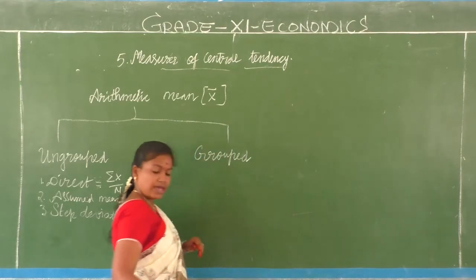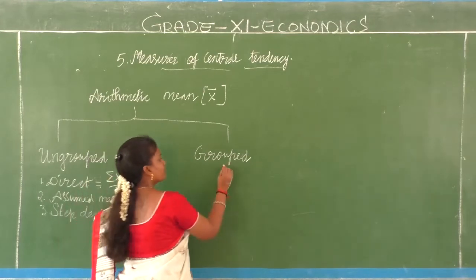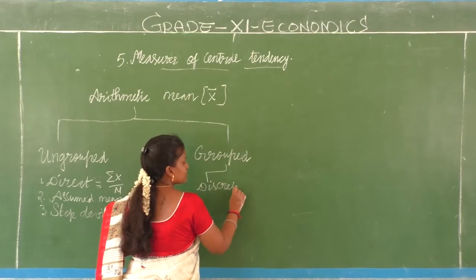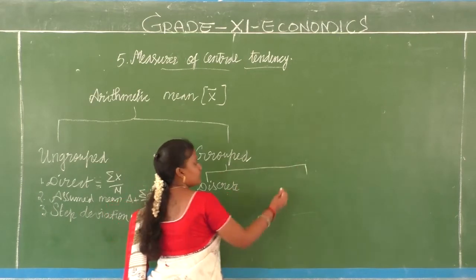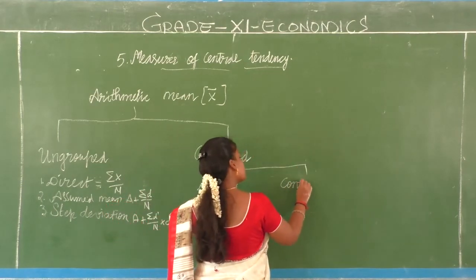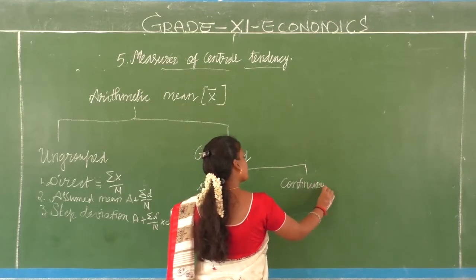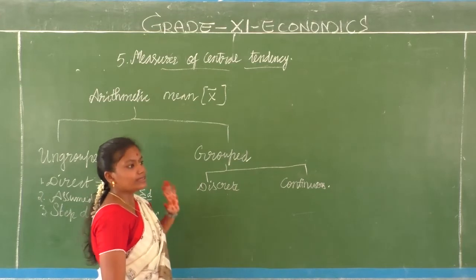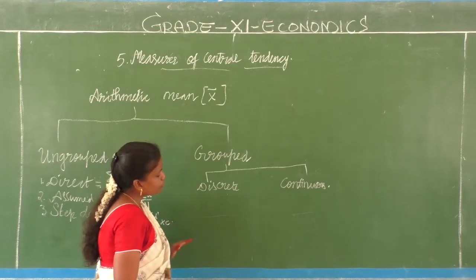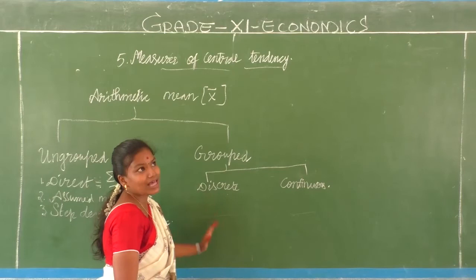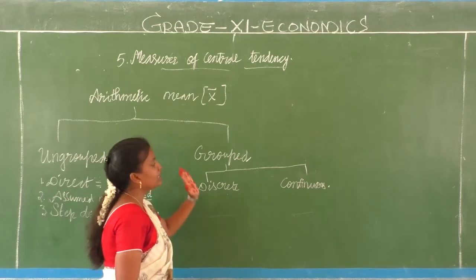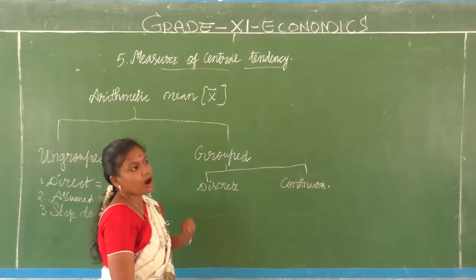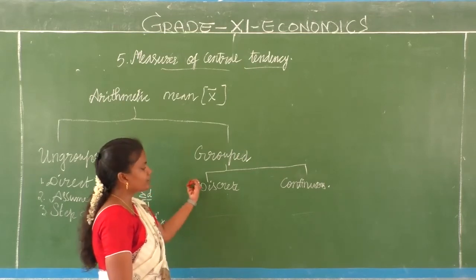So here we are going to have a classification again, where in grouped data we are going to have discrete series and continuous variables, continuous series. Right, children? Today in this video session, we are going to talk about how to calculate the arithmetic mean in this particular format. For grouped distribution, how do you calculate the arithmetic mean?